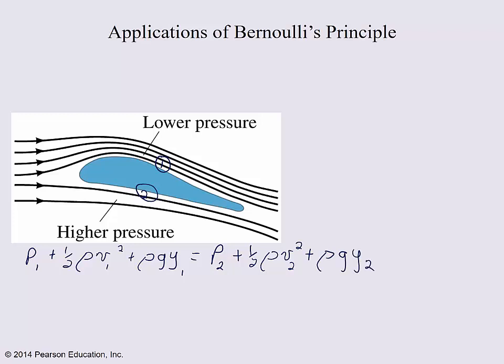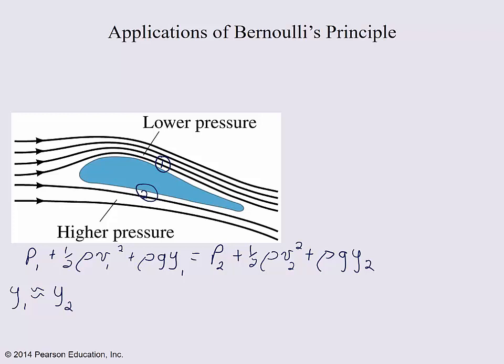In this case, when we're talking about wings of planes, we can make the simplification that y1 is approximately y2. In other words, from the ground, there's really not much of a height difference between those two.